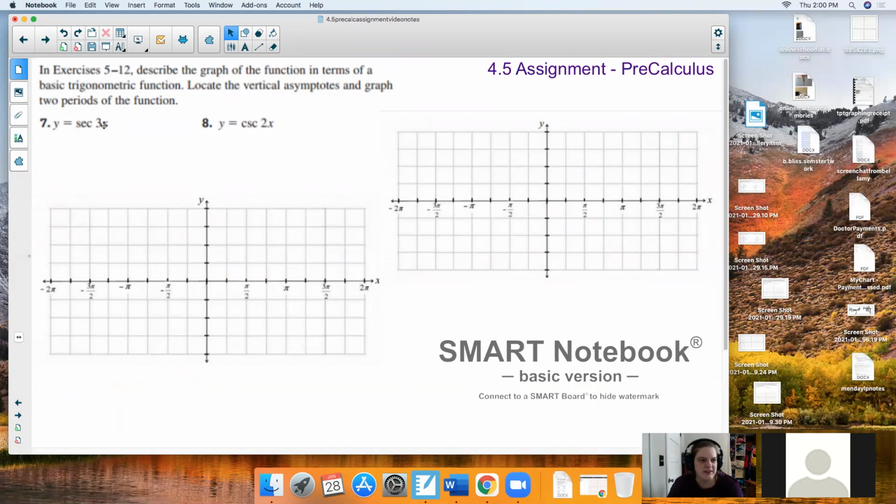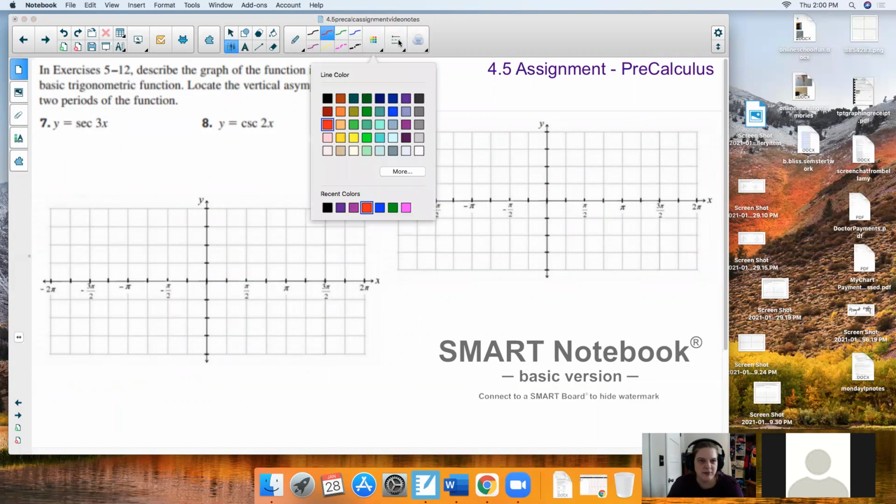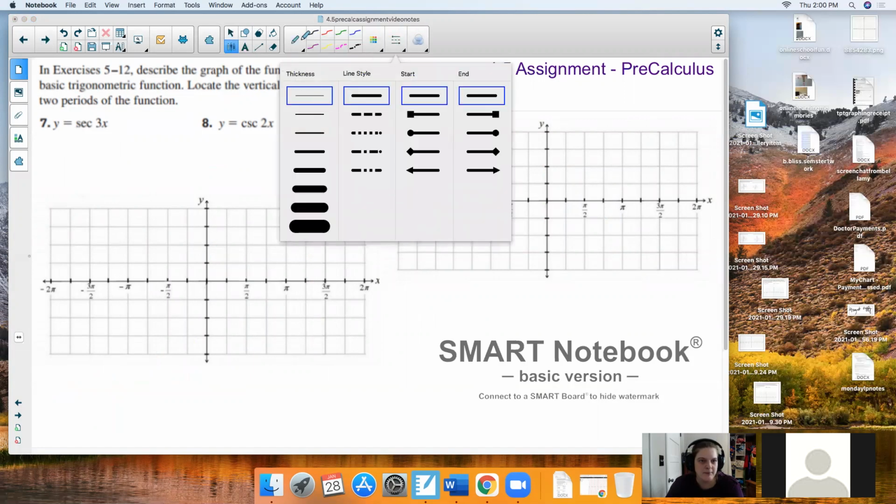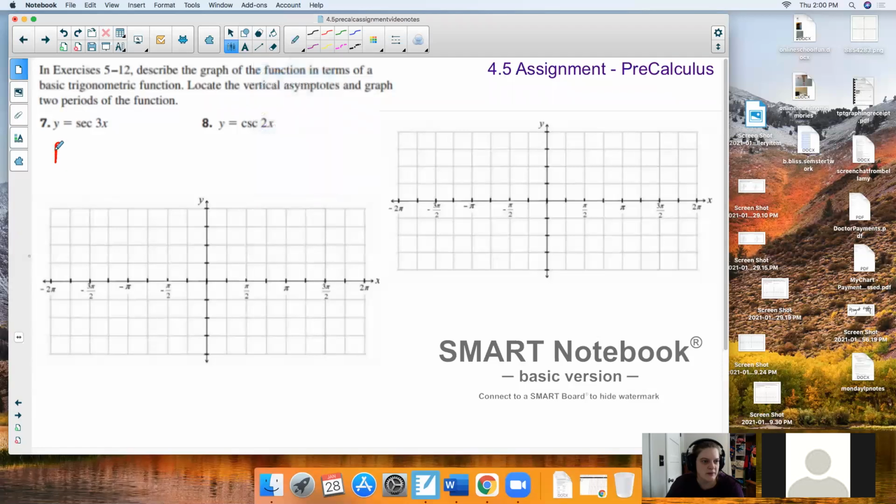All right, now we have secant of 3x. So again, we want to find out what our period is. So our period is going to be 2 pi over 3 in this case. So just the same one as we did before. And 2 pi over 3, oh, that's why I was having this wrong, because this is a pi. So if I break this into 3 equal pieces, that's kind of here.